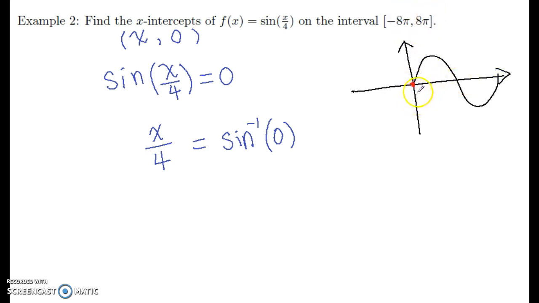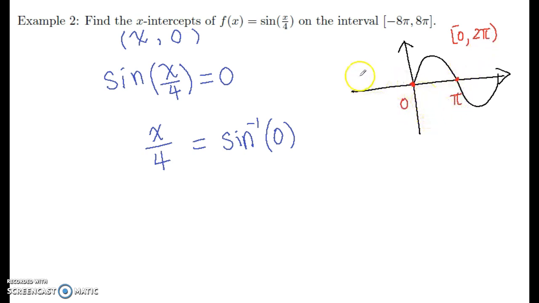But you also notice it's more than one root. If we look at the interval from 0 to 2 pi, we really have 0 and pi as the root.